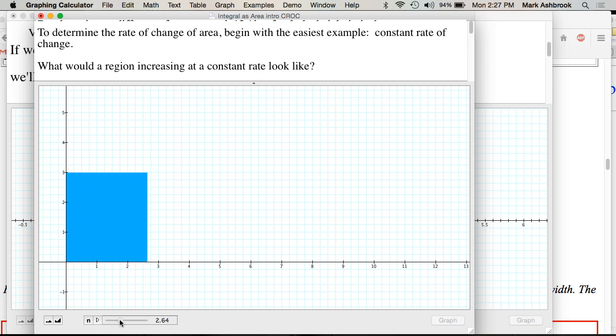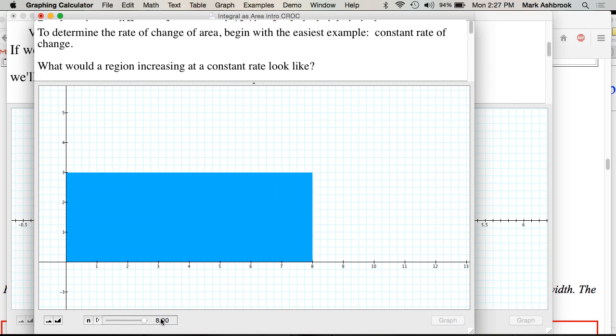Is it increasing at a constant rate now? Did it increase at a constant rate that time? Yes or no? Okay, some are saying yes, some are saying no. Those who are saying no, why do you say no? It's not increasing at a constant rate. I'll do it again. Ready?